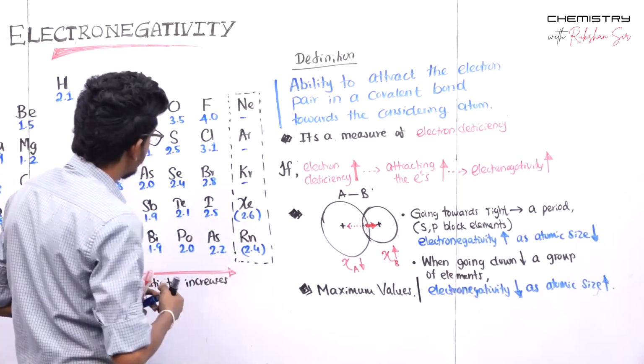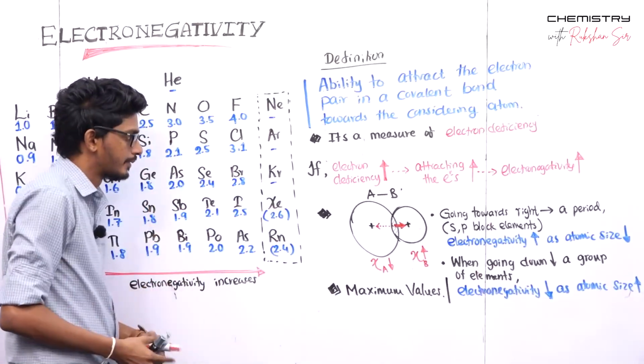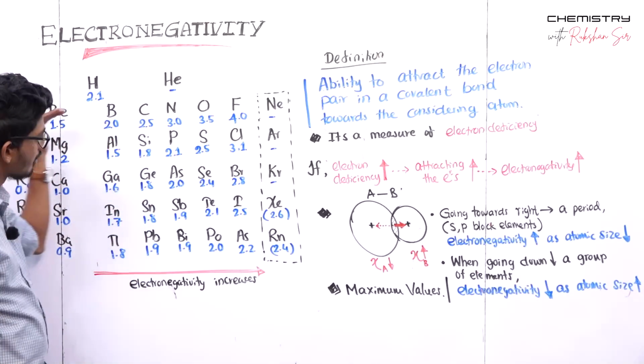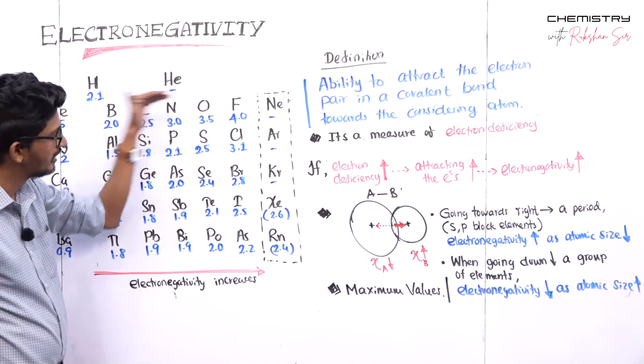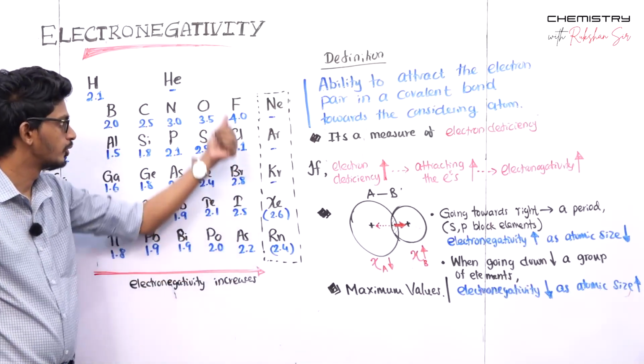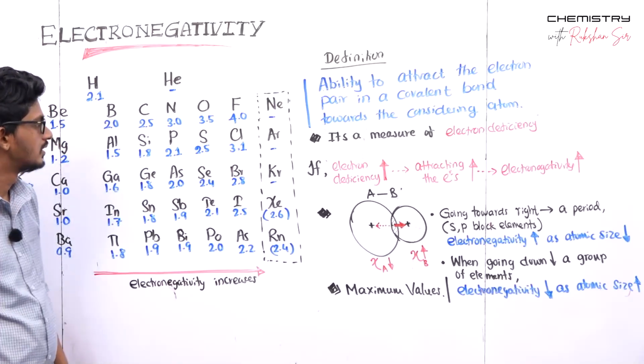When it comes to maximum values, the point is this. As we have said, going towards the right the value increases, and coming up the value also increases.